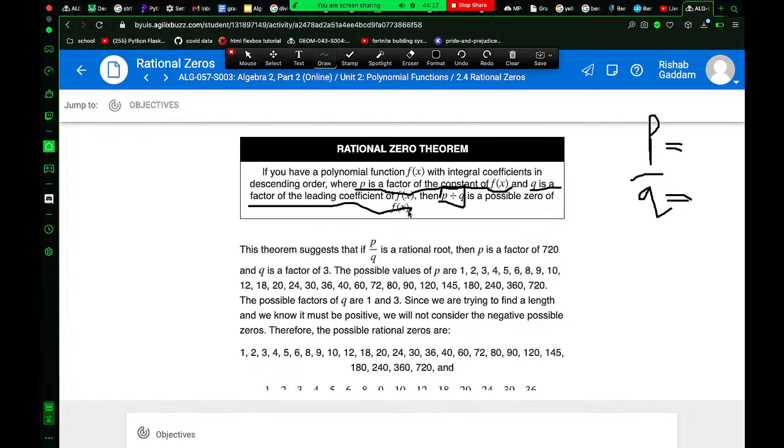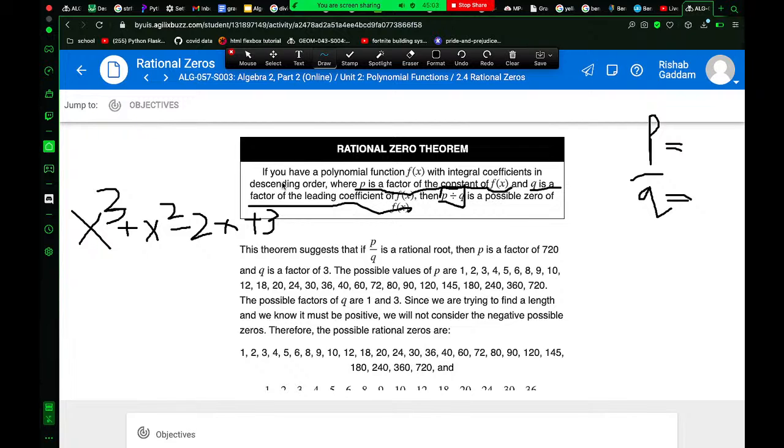So let's just make up a polynomial equation, okay? We have x to the power of 3, plus x to the power of 2, minus 2x, plus 3.